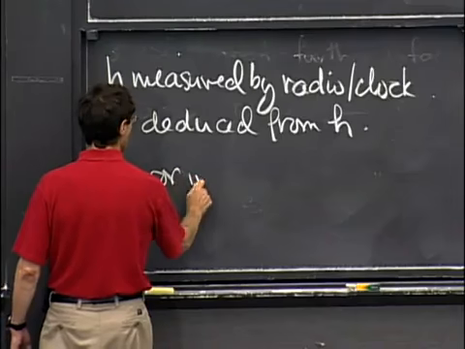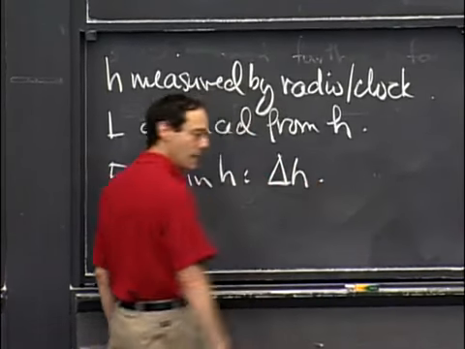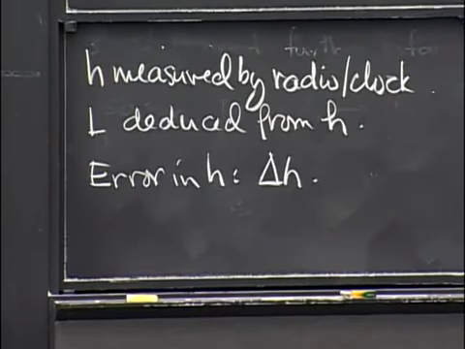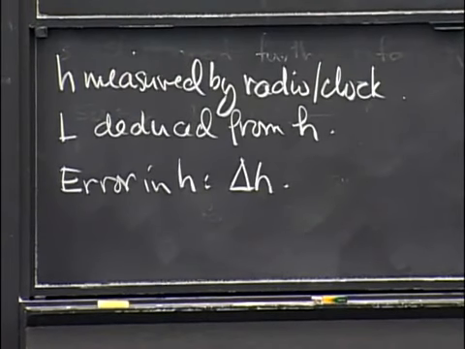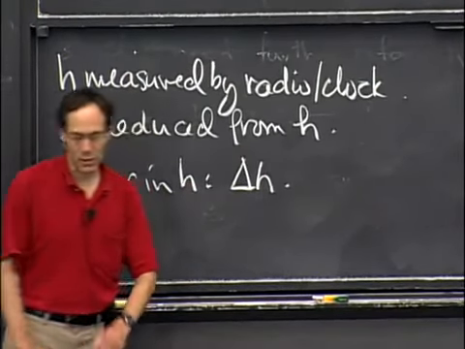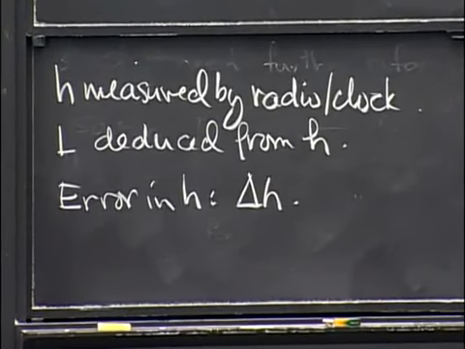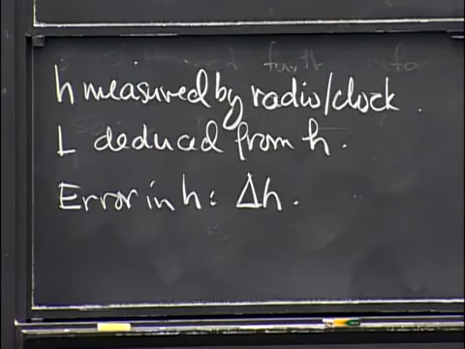There's an error in h, which we denote delta h. There's some degree of uncertainty. The main uncertainty in GPS is from the ionosphere, but there are lots of corrections of all kinds. And also, if you're inside a building, it's a problem to measure it. But it's an extremely important issue, as I'll explain in a second.